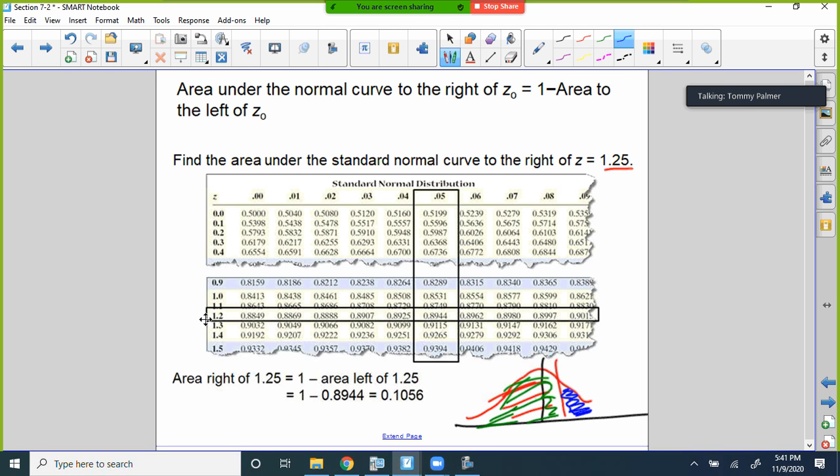This table, this 1.25, this 0.8944, that is the green. That is everything to the left of the red line, right? But we're wanting the blue. Well, we're going to use the complement, right? 1 minus that gives me 0.1056, which would be 10.5%, right? Any questions on that?